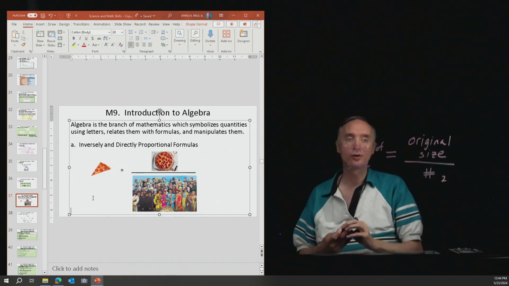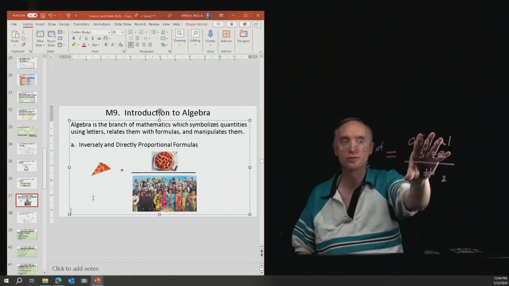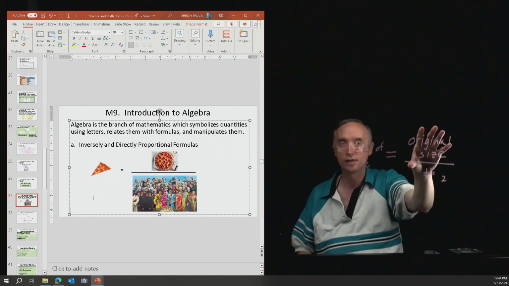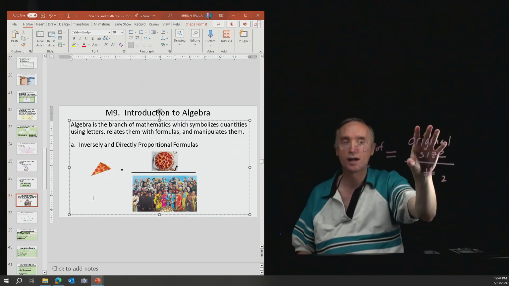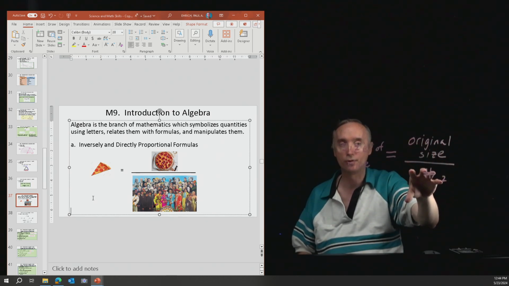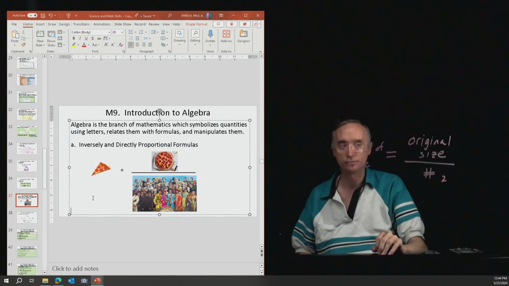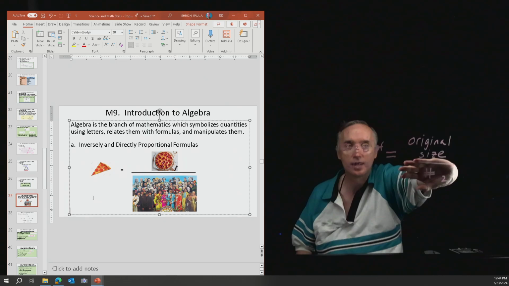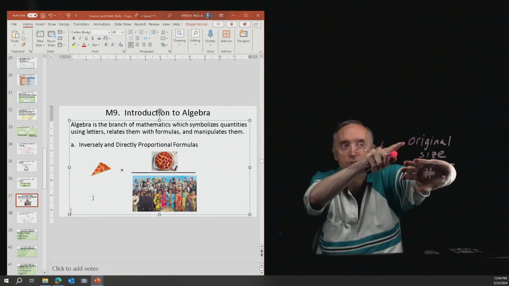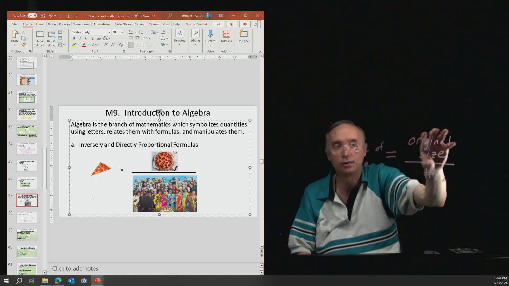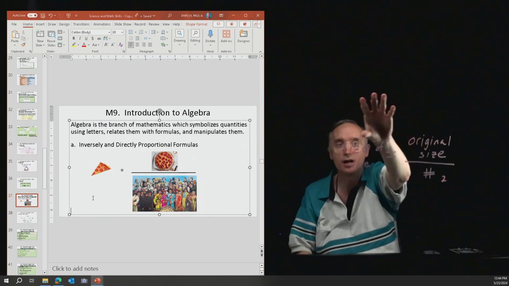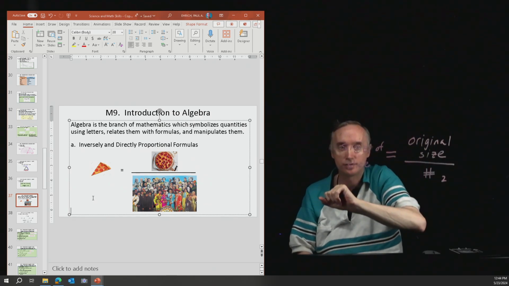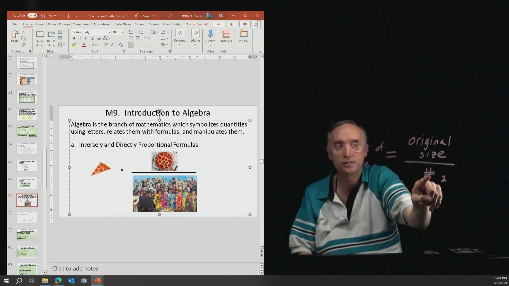So this formula is actually representing 2 kinds of formulas. Okay, let's look at the directly proportional part of the equation. So do you notice that as the size of the pizza gets bigger and bigger, what is the size of the slice that you get? Assuming that this number down here doesn't change.